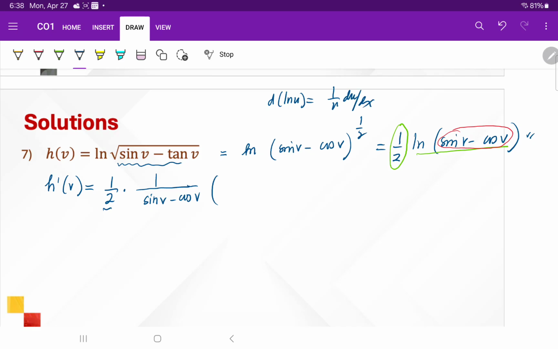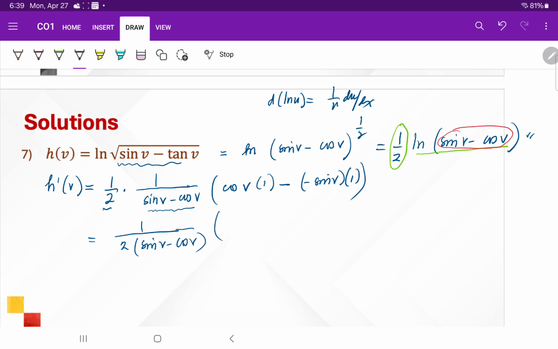So we copy the constant. Derivative of ln of u is 1 over u times the derivative of u. Now, to find the derivative of this u, derivative of sine is cosine of v times 1. Derivative of sine is cosine, minus the derivative of cosine, which is negative sine v times 1. So this is equal to 1 over 2 times sine v minus cosine v. Then in the numerator we have cosine of v plus sine of v.